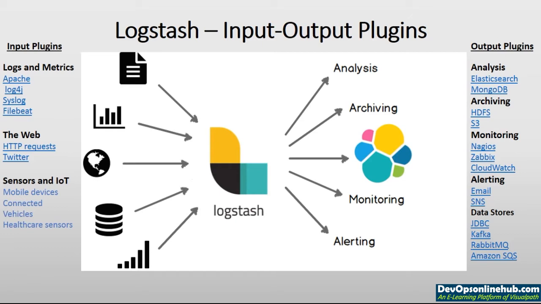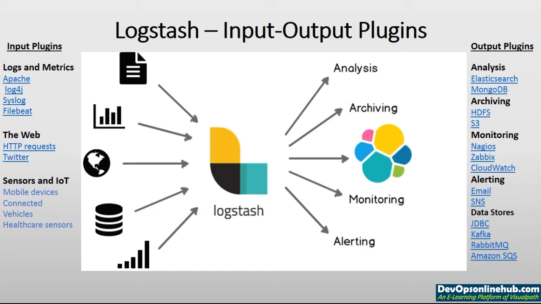And if we want to archive the output from Logstash, then we can use the archiving plugins like HDFS or S3, where HDFS is Hadoop distributed file system. If we are dealing with big data, then we will use this kind of plugin for archiving. Similarly, S3 is an archiving mechanism used in AWS cloud computing.